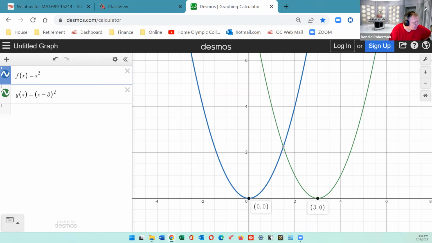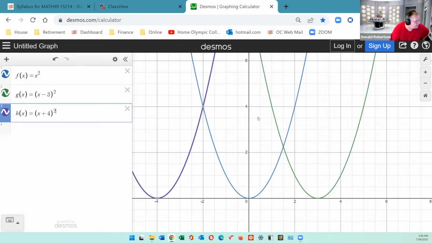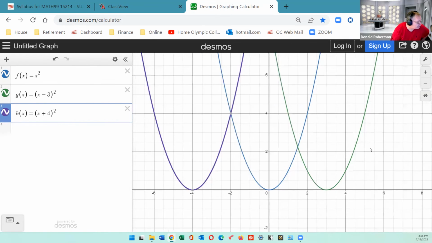Corresponds to that value there. Now, the next function we're going to put in is h of x. And h of x was equal to x plus 4 all squared. And if I shift this, shrink it just a little, there.